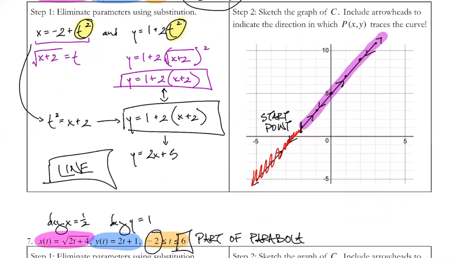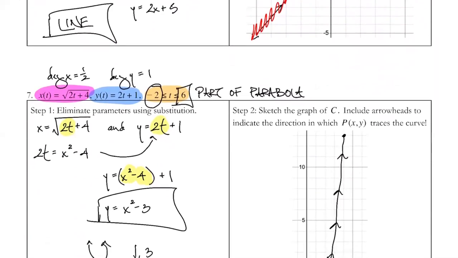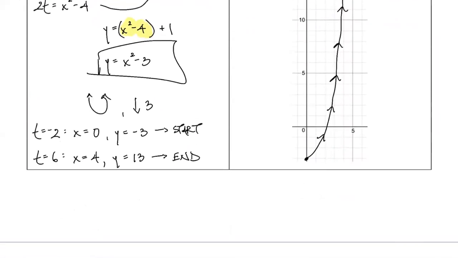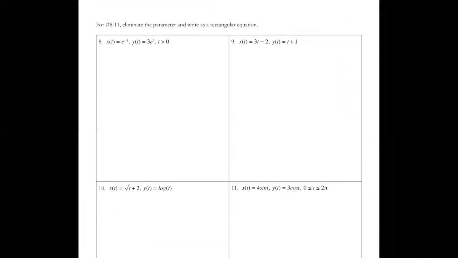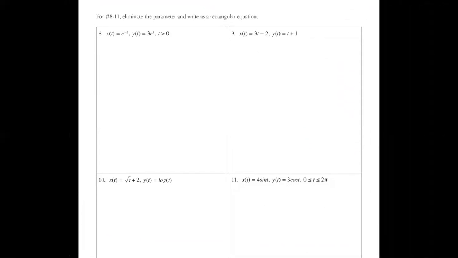All right, so let's take a look at these last 4 questions. In these last 4 questions, let's think about a little bit of strategy, okay? So what would folks do for number 9?